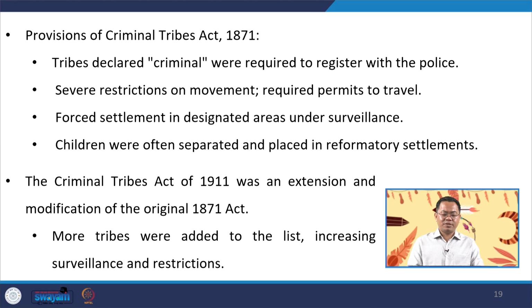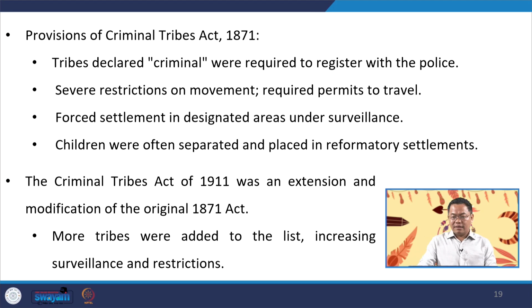Now, what are the provisions under the Act? What are some of the things that are very important to understand when it comes to the Criminal Tribes Act of 1871? The first is that communities or tribes who were declared as criminal were required to register with the police.